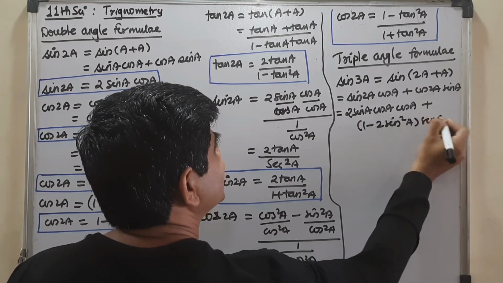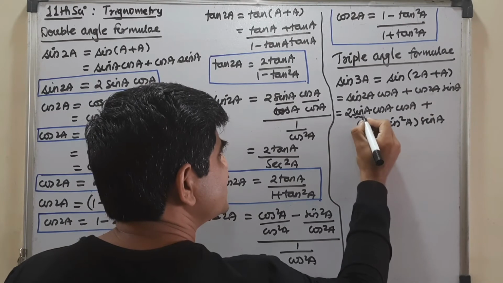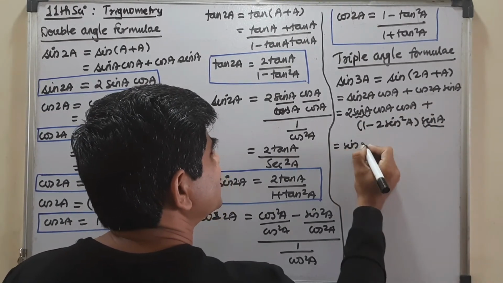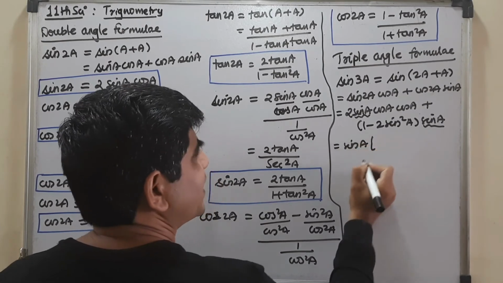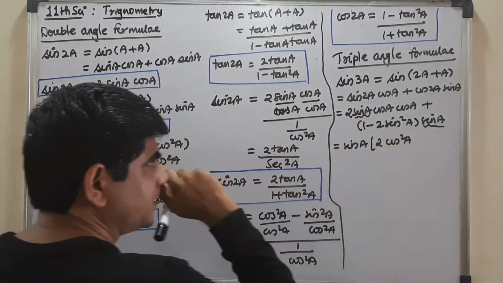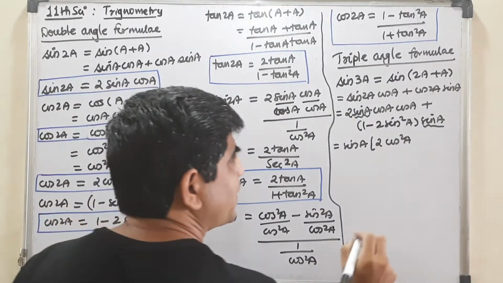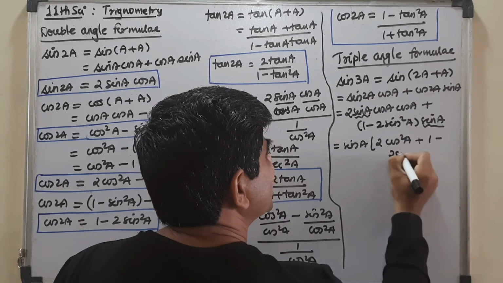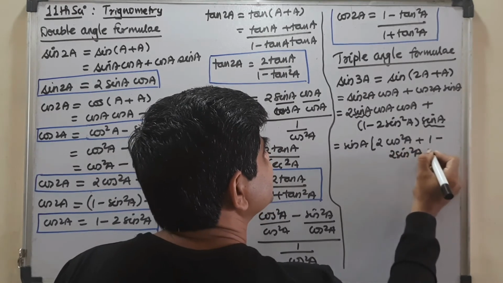I can see this sin a and this sin a is common, which I am taking outside. Sin a bracket, I get 2 cos square a plus 1 minus 2 sin square a.